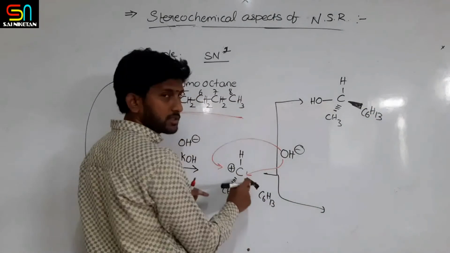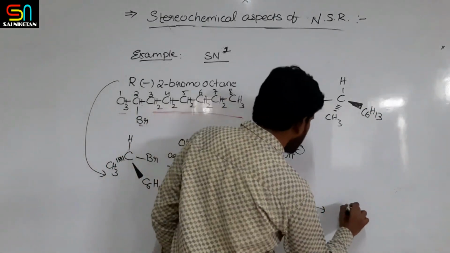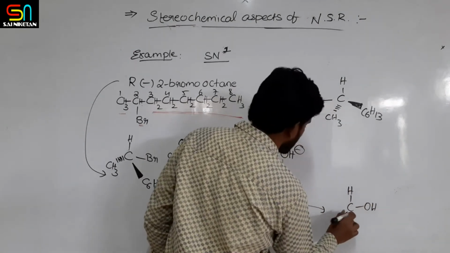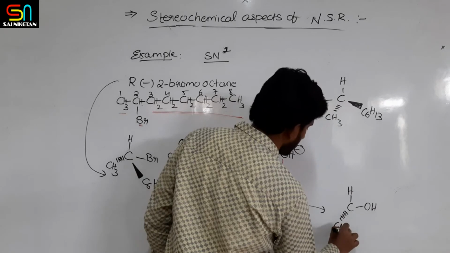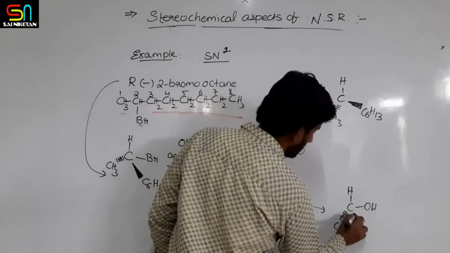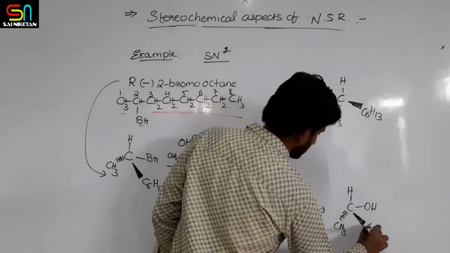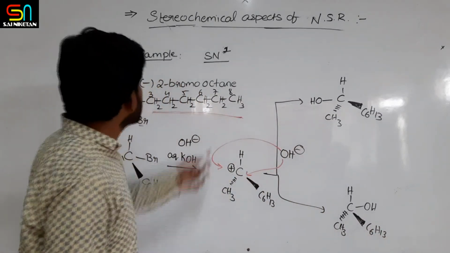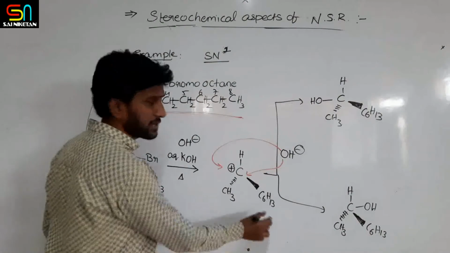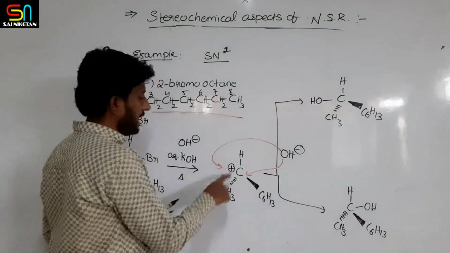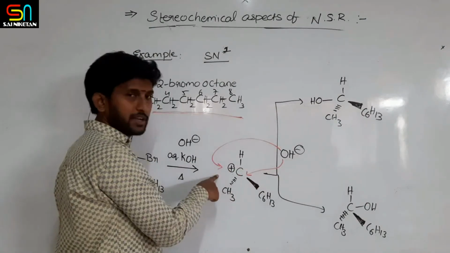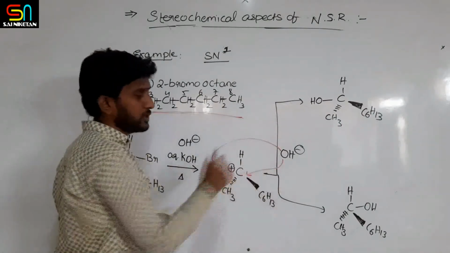Similarly, if it attacks on this side, then I will write OH on this side, dotted line methyl group, and hexyl group on the thick line. So in SN1 mechanism, carbocation intermediate is there, and the carbocation is trigonal planar. So OH can attack from left side or right side, so you get two different products.